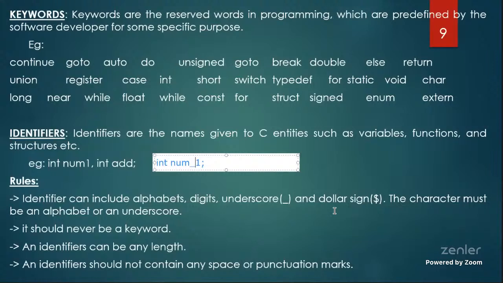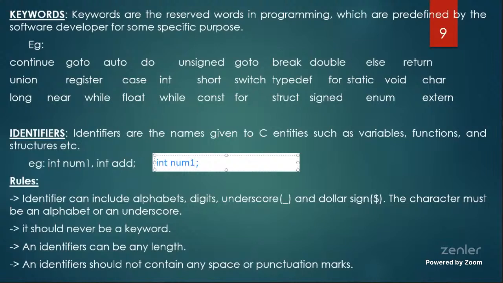This is one rule, but you are not supposed to enter a space here. If you have entered a space, it is wrong. This variable will be considered invalid. Why? Because space is not allowed while writing the variable name or identifier.